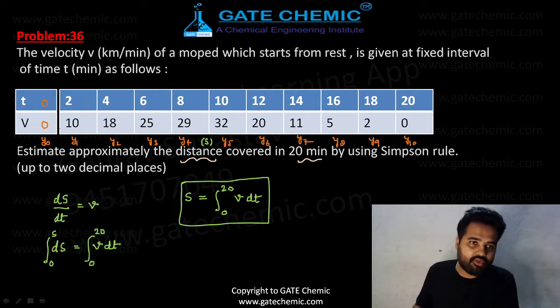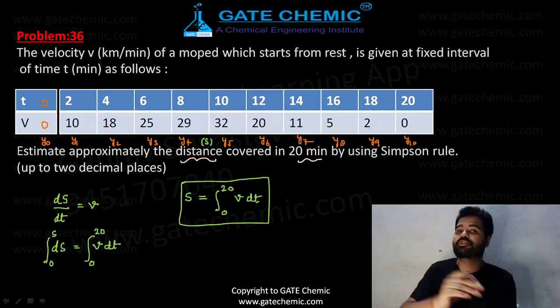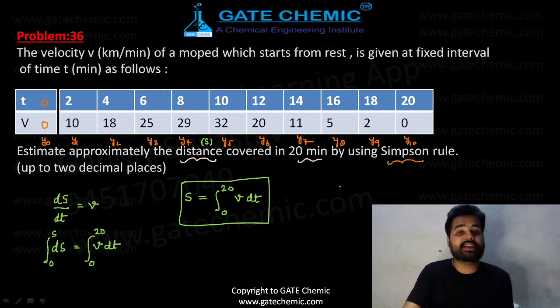You can see 1 2 3 4 5 6 7 8 9 10, an even number of intervals. That means we can apply Simpson's one third rule here. As I already told you, only Simpson rule means they want Simpson's one third rule.